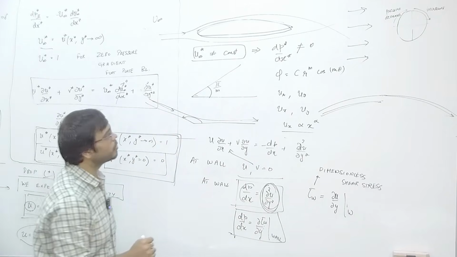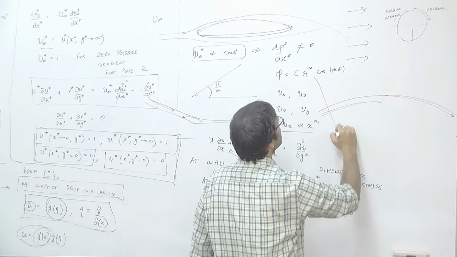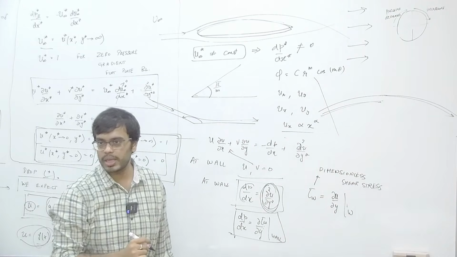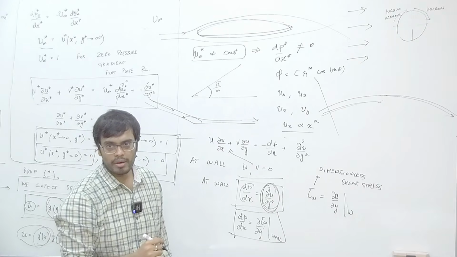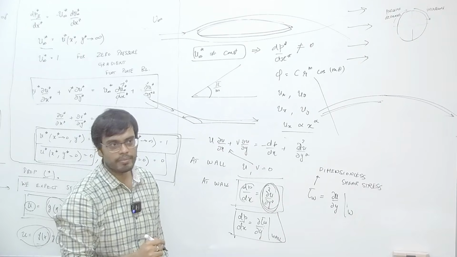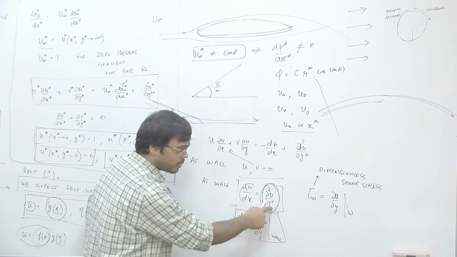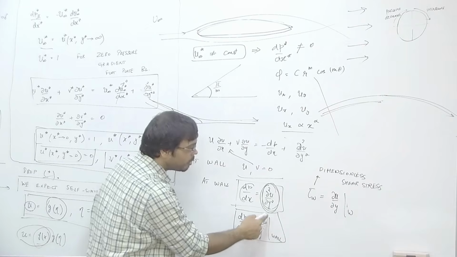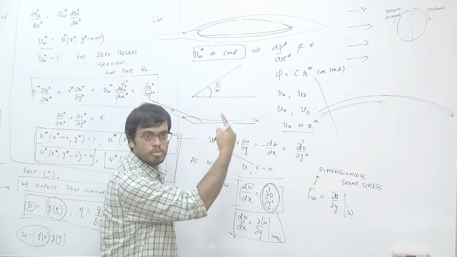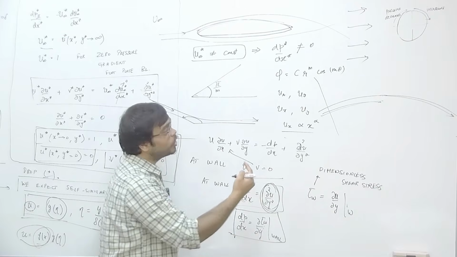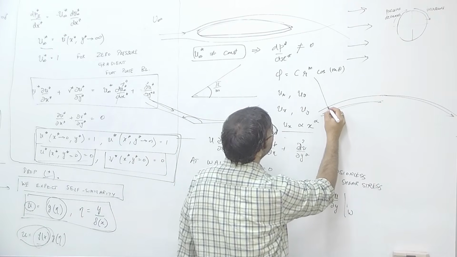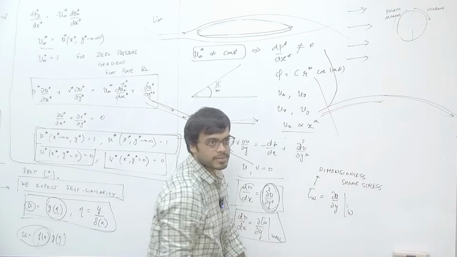What does it mean in terms of, let us say, concave upward or concave downward? What can you say? So, del 2 u by del y square is negative. So, du by dy is decreasing as you move away in y. So, it will be something like this.